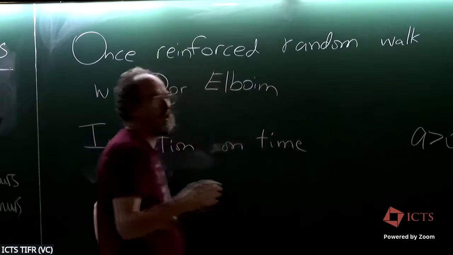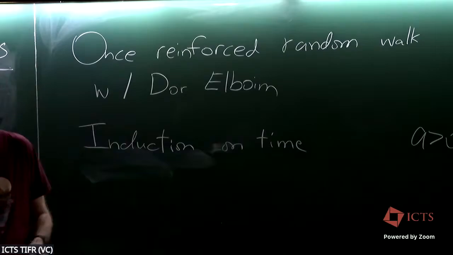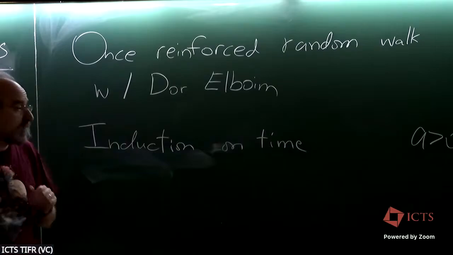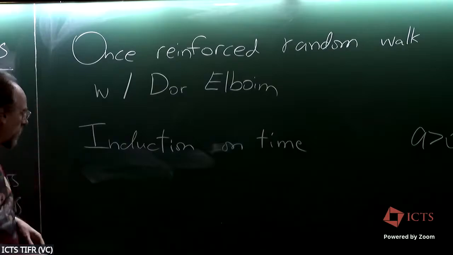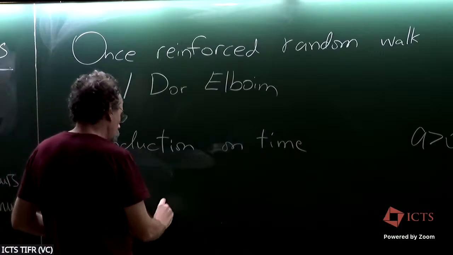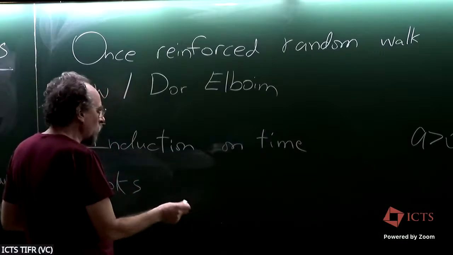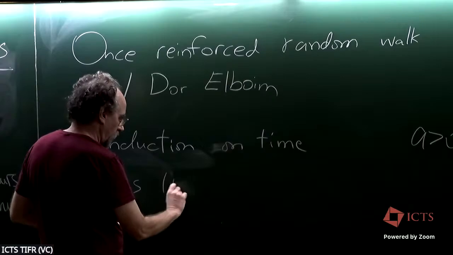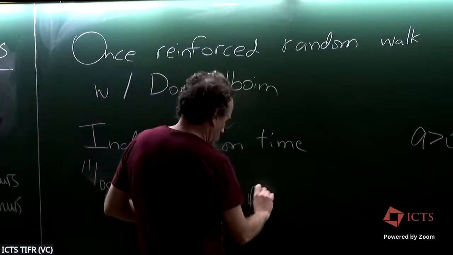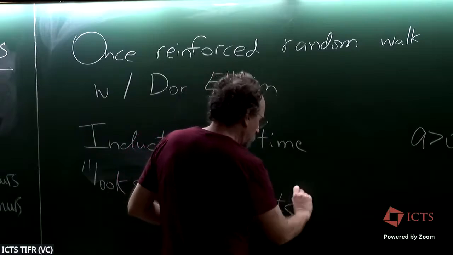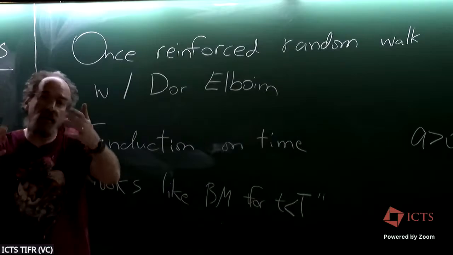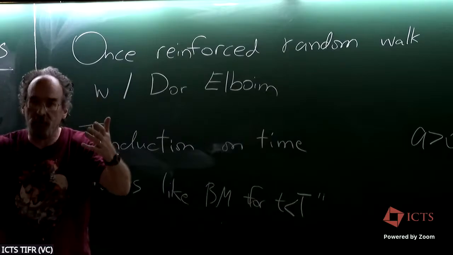And what we are going to show is that we have an induction assumption that says that the walk looks like random walk. The induction assumption would say that it looks like, let's say, Brownian motion for all t smaller than T. And we will just prove that the same thing holds at T, and then the induction will be complete.